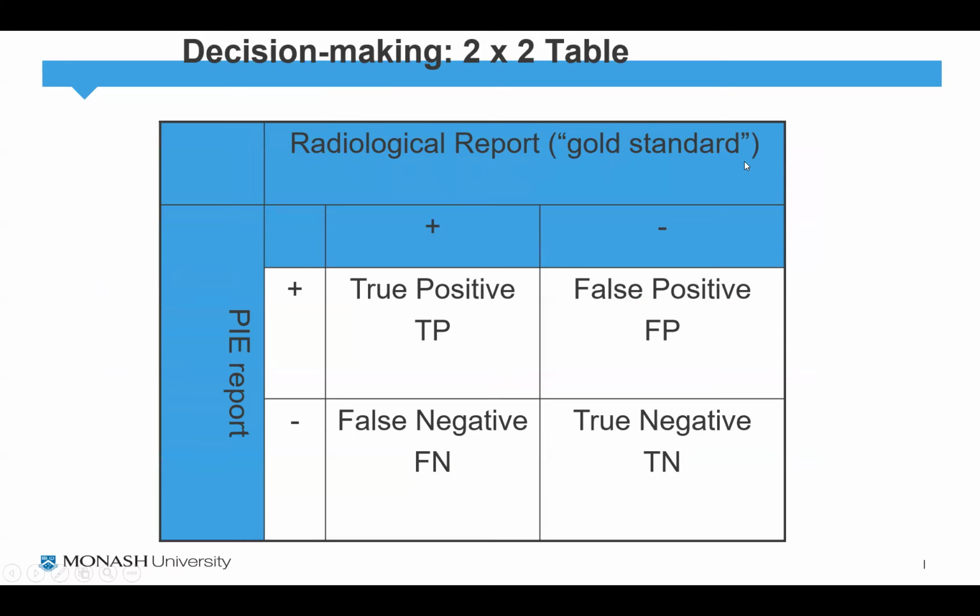Now, I'm saying gold standard because I've had students, and these are now mostly radiographers, of course, who have written their PIE, and then they compared to the radiologist report. They've identified something which the radiologist did not identify.